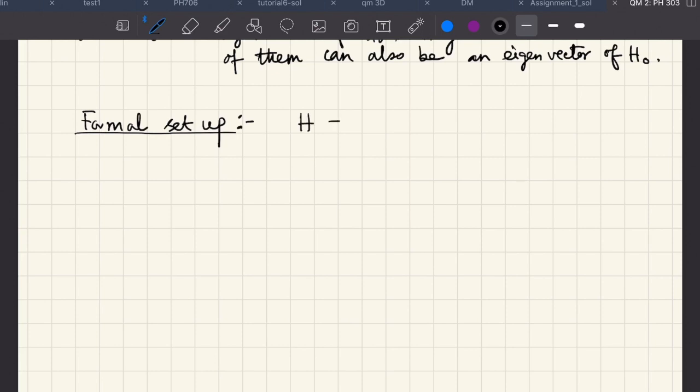This is like a mandatory step to write every time: H_λ is H_0 plus λ H_1. H_0 is known, and it has some degenerate levels.